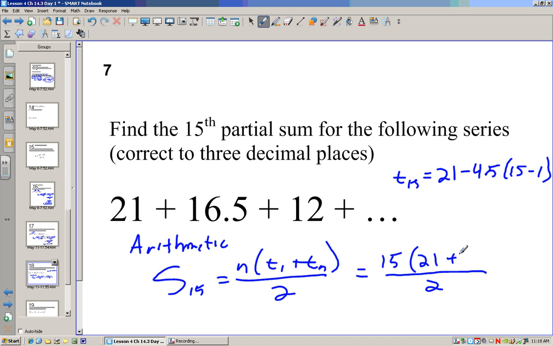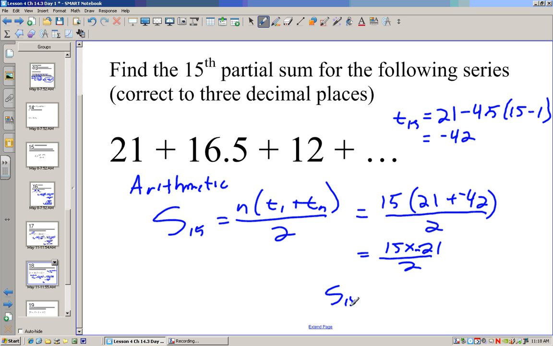So t sub 15 is negative 42. So 21 plus negative 42 is negative 21. So 15 times negative 21 divided by 2, there's supposed to be a negative there. So I get 157.5. So S of 15 is negative 157.5.